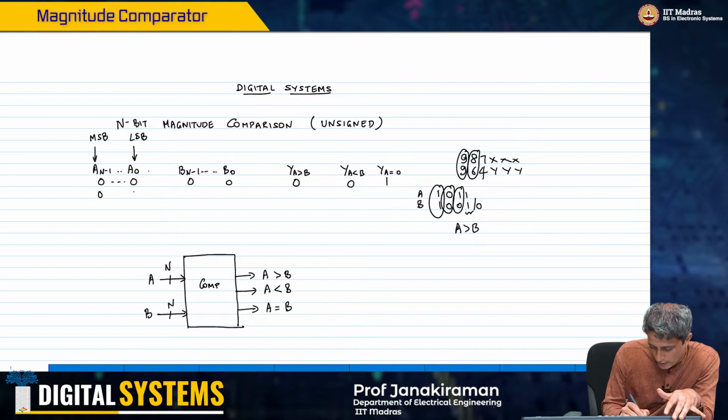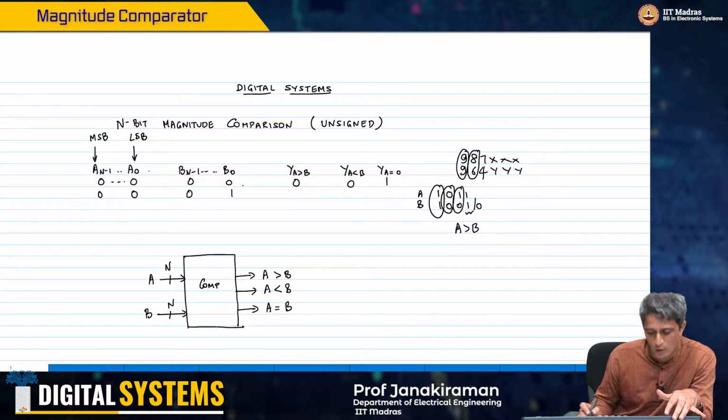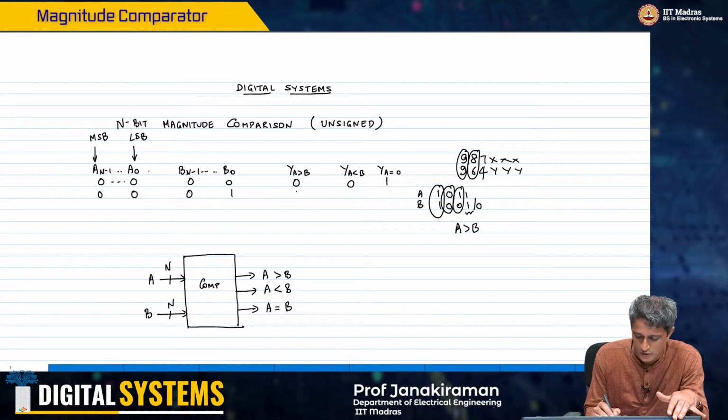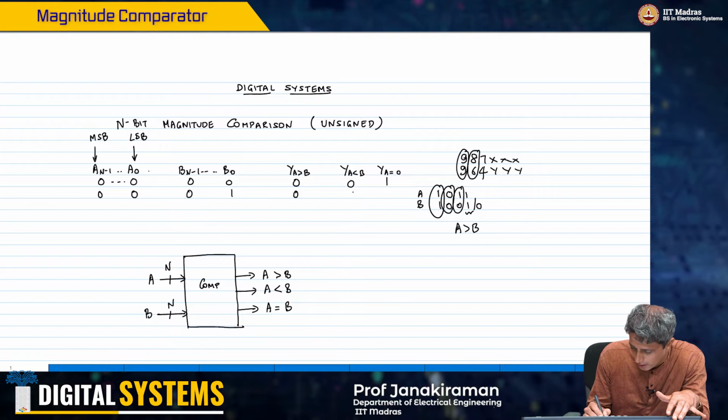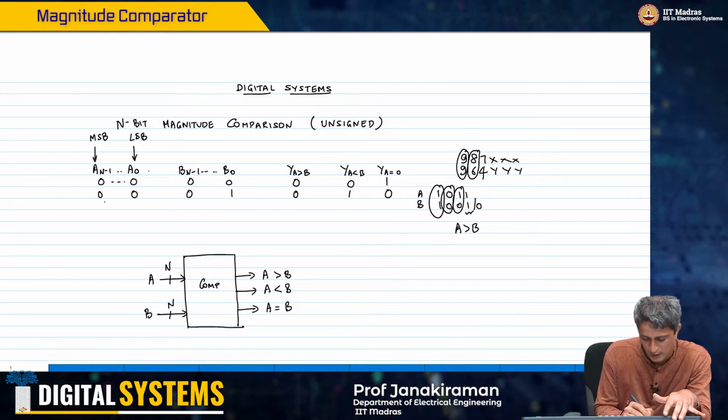Now keep A as all zeros and B0 alone as 1. Then B is greater than A, so the outputs will be 0, 1, 0.